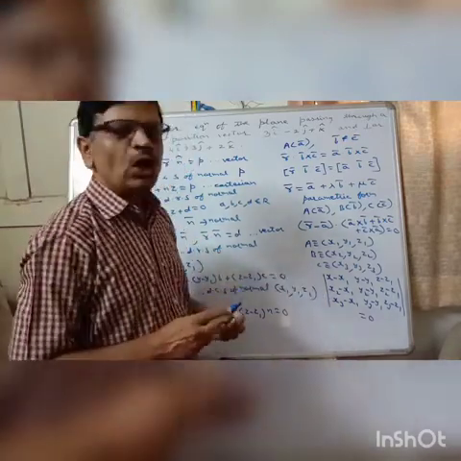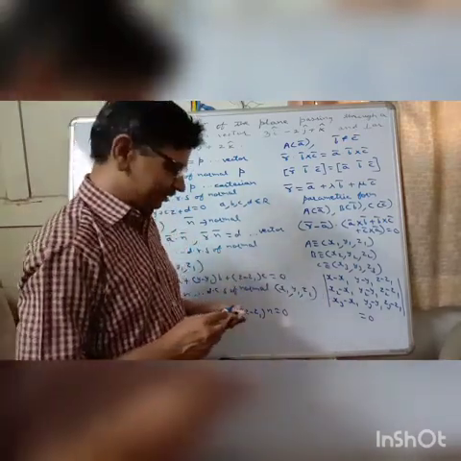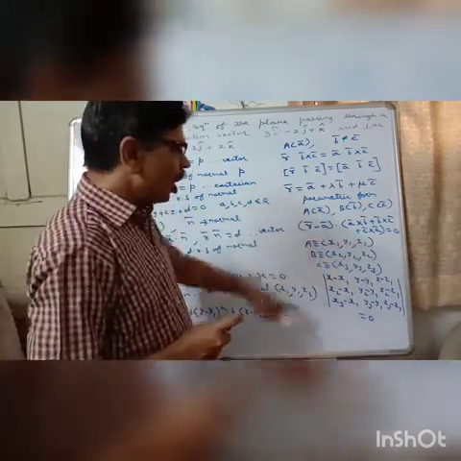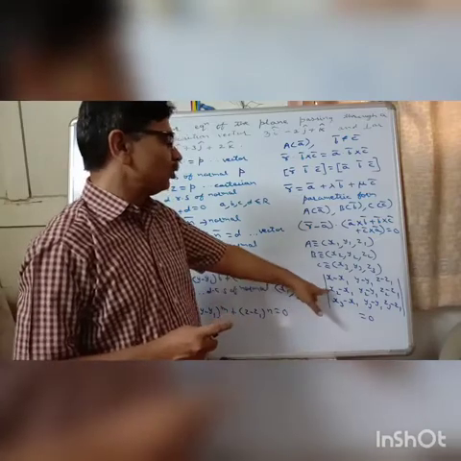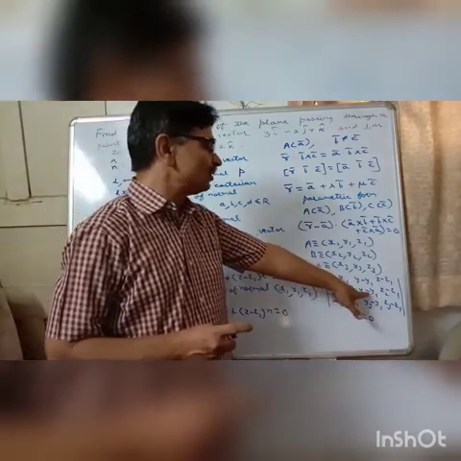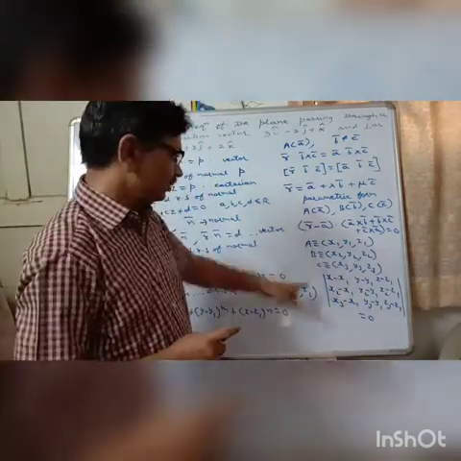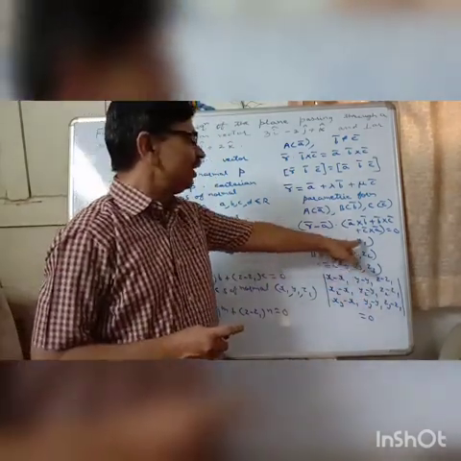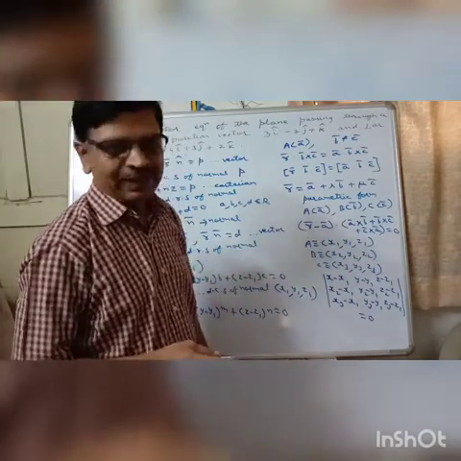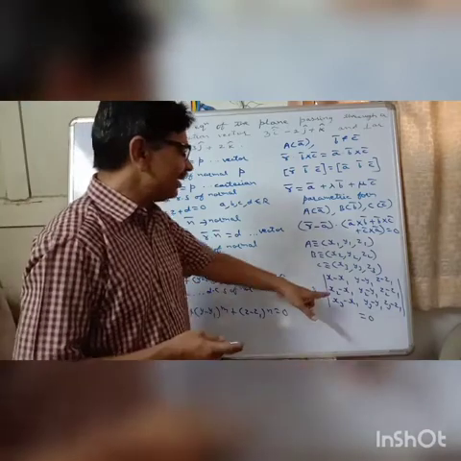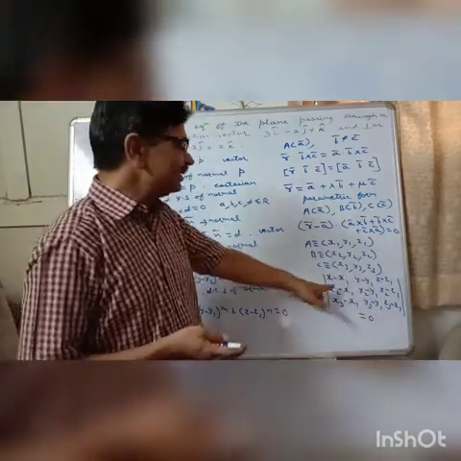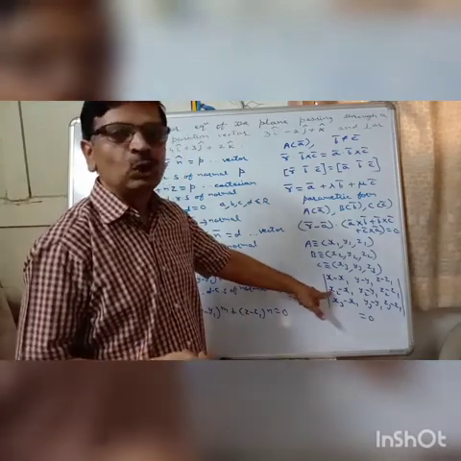Equation does not contain vector quantities, but equation contains determinant. Observe elements of second row: x2 minus x1, y2 minus y1, z2 minus z1. So difference between corresponding coordinates of 2 points A and B. It means that in second row of determinant, what we get is direction ratios of AB.